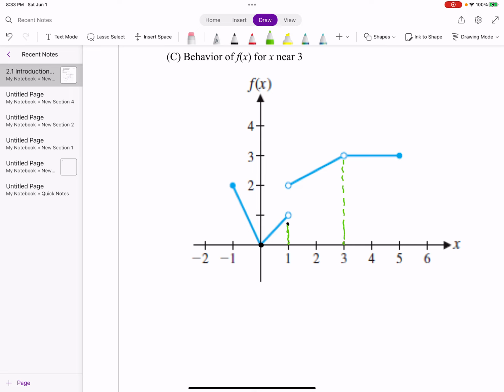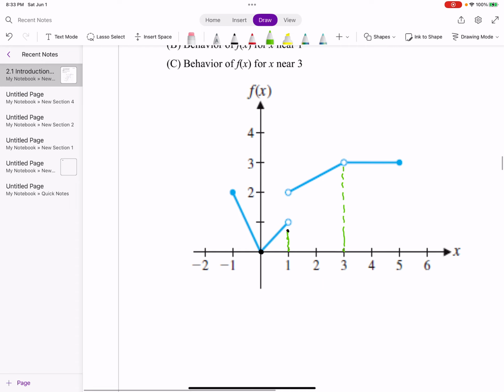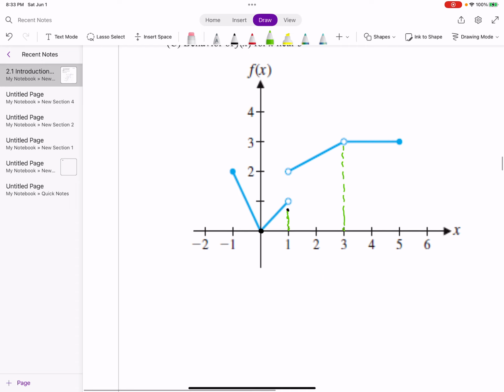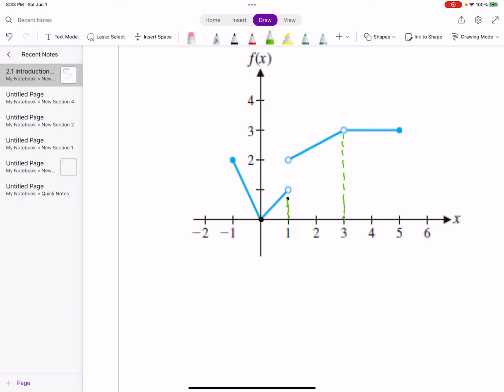If you are asked to analyze the behavior of f of x at x equal to 0, 1, and 3, let's do the three of them. When you look at the limit of x approaches 0 from the left side of the function, it is defined. There is no gap, you see. So this is just 0.